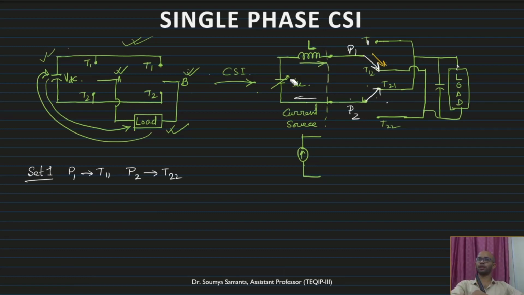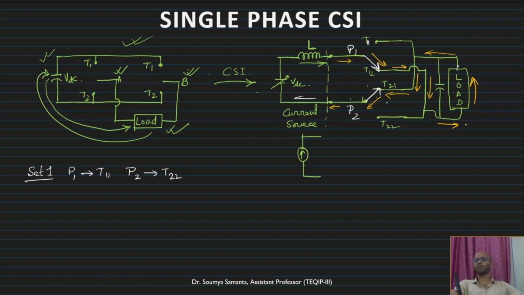In the source, the direction of the current will be the same. This will not change. This is the direction, so the current will flow. It will come through this path, come here, then this, then go this path, and it will return to this source.